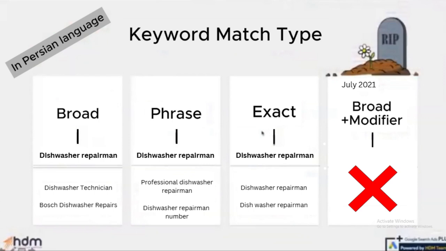Your keyword is exact. So now, how should it operate? Again, in Persian, I'm saying, guys, if the user search is exactly and only this keyword in this exact order and arrangement, less or more.